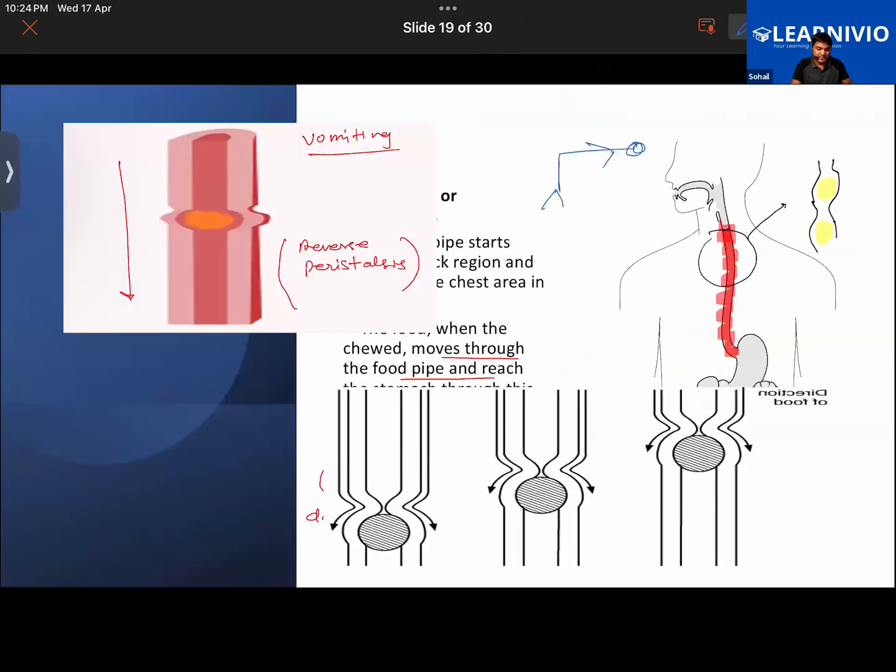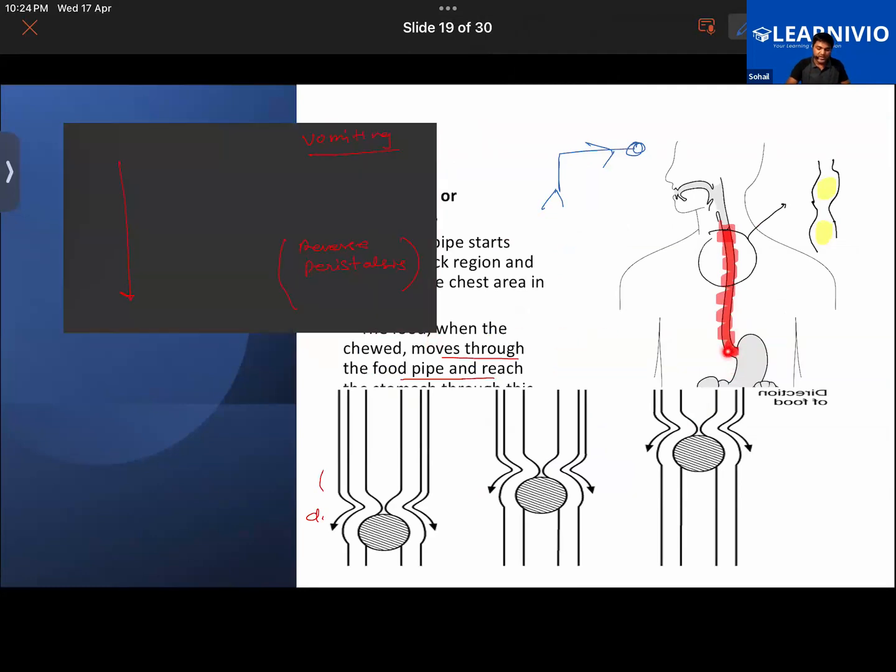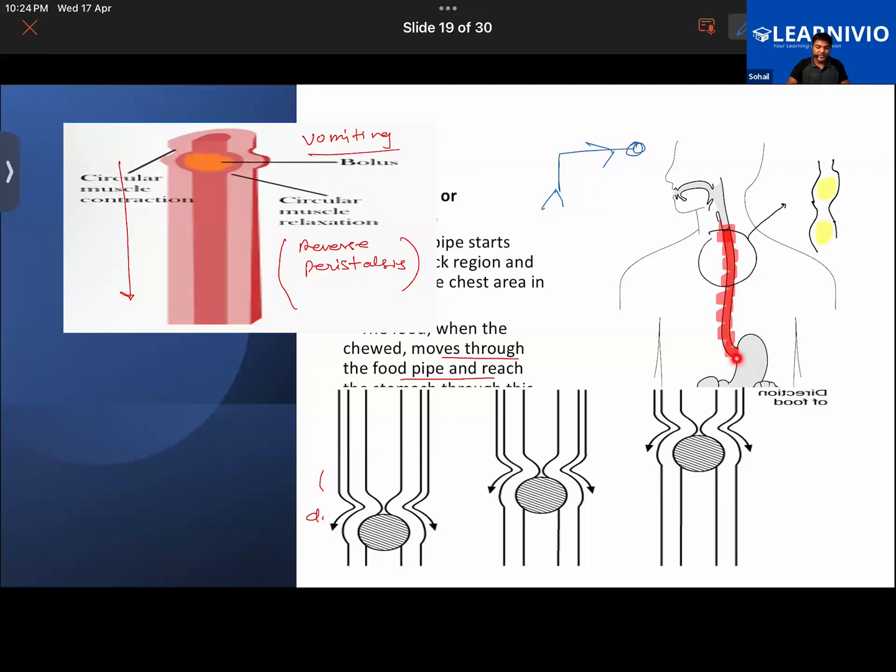Like the food passing down from the food pipe into the stomach: once the food has gone in, it will close for a period of time. Say you have had a meal; this will not open again until you eat the next time or drink something.